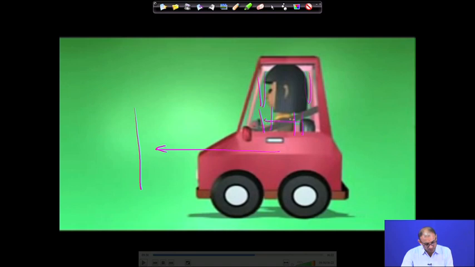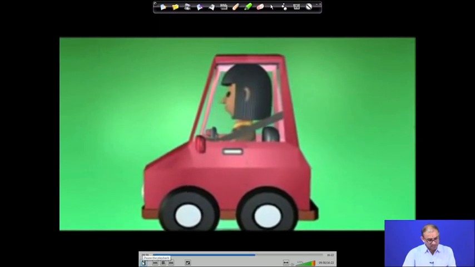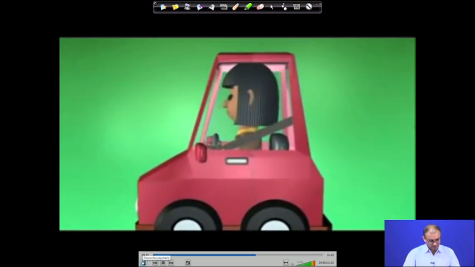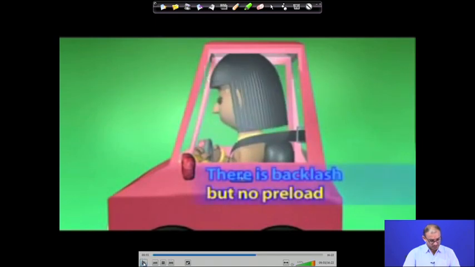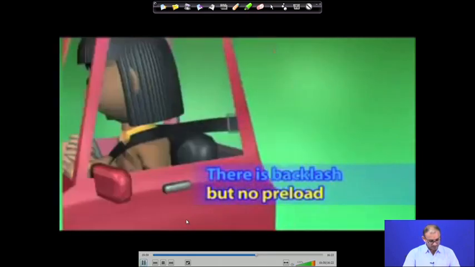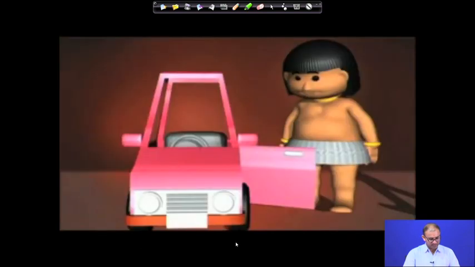This particular person will move to and fro. It does not have any type of motion constraint. See, now it is moving in both directions. So, it has some type of clearance, and so there is a backlash, but no preload. I will explain the preloading again. So, this is what is happening in this case.